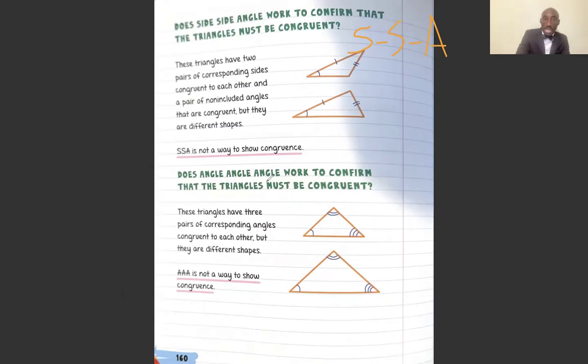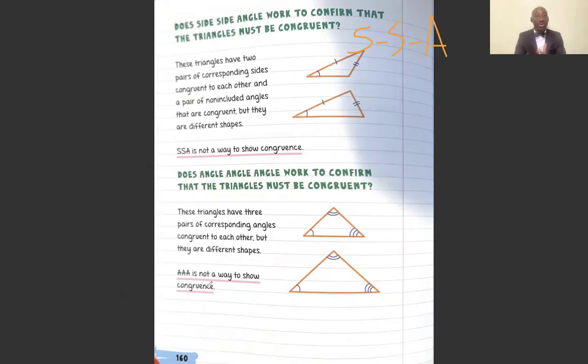Does angle, angle, angle work to confirm that the triangles must be congruent? These triangles have three pairs of corresponding angles congruent to each other, but are different shapes. Yes, they can have the same angles, but one triangle can be larger than the other. So AAA is not a way to show congruence.